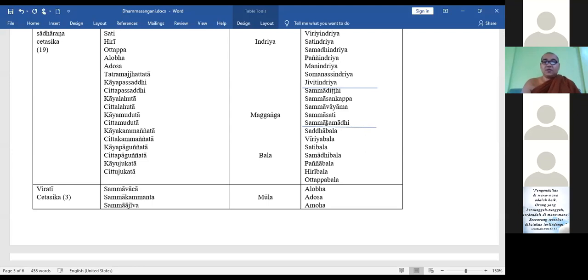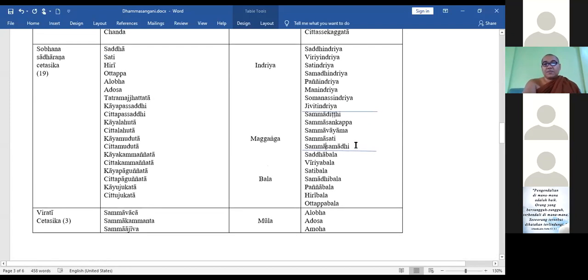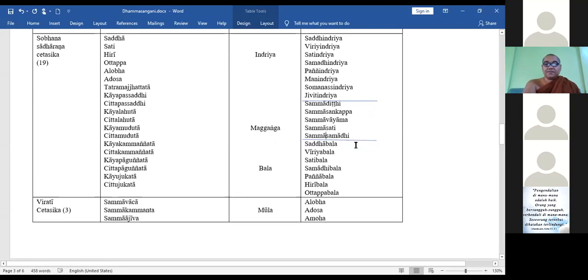So it refers to the wisdom. Samma Sankappa, right thought, Samma Vayama, right effort, and then Samma Sati, right mindfulness, and then Samma Samadhi, right concentration. So if you see these Dhammas, only right Dhammas, proper Dhammas, good Dhammas are there.